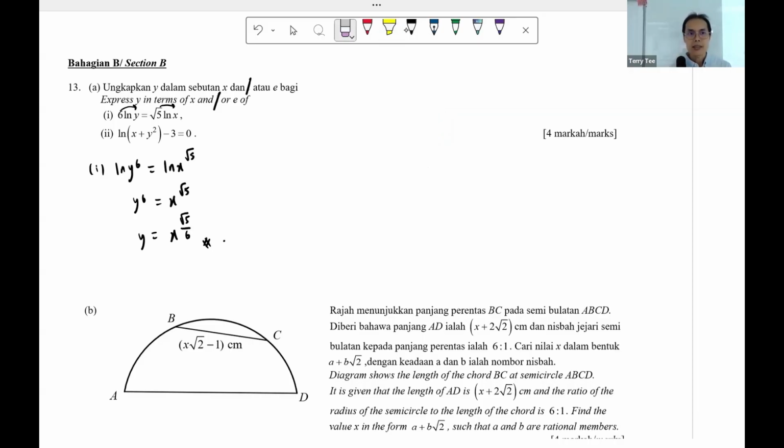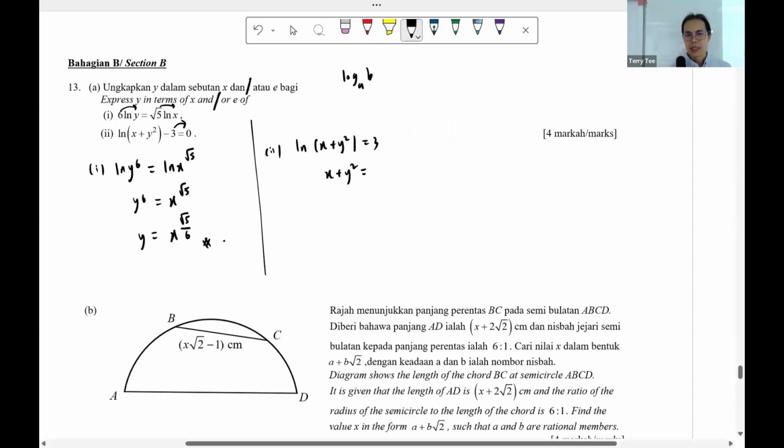Now, next, I also want to express y in terms of x. So we're going to give you a logarithm. First I bring the 3 to the right. Ln of x plus y squared is now 3. x plus y squared is what? When you change from the logarithm form to index form, the normal logarithm is log base a y equals x. So when you change to index form, y is a to the power of x.